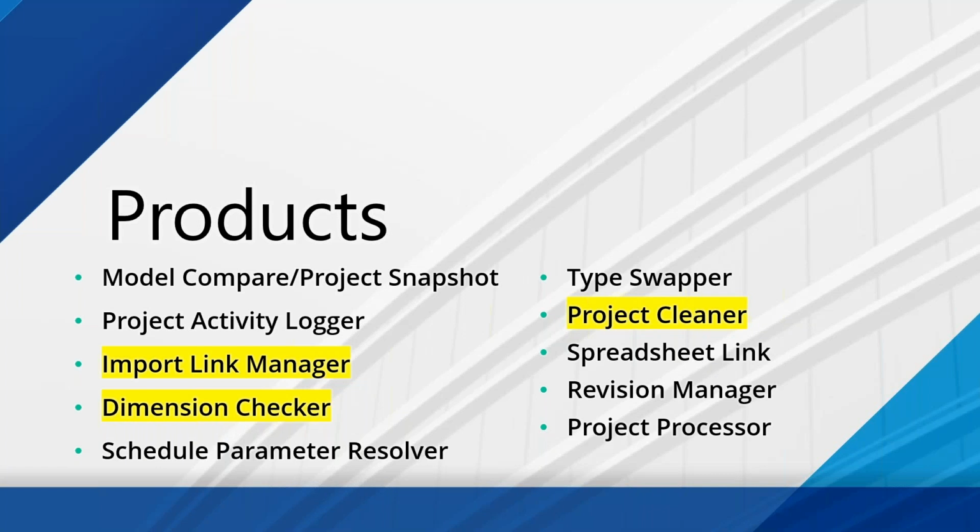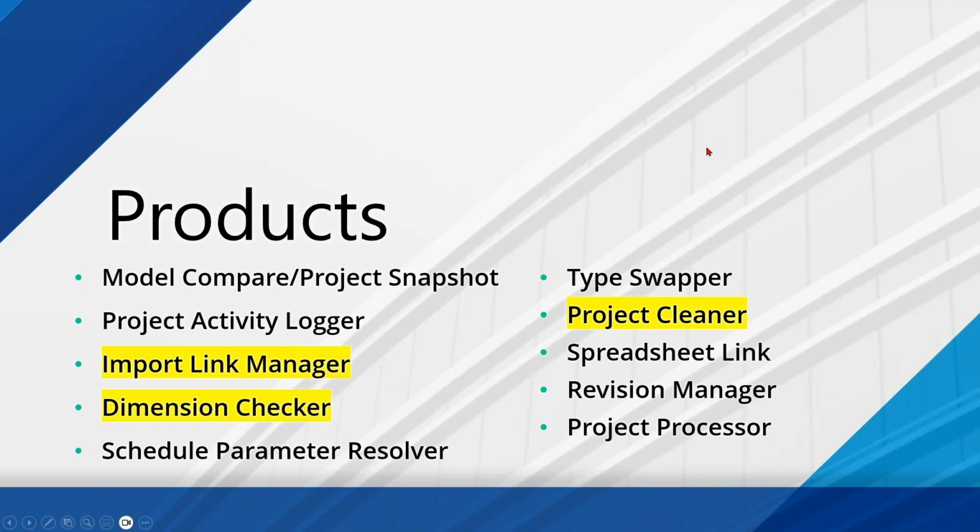This week, we're going to recap that and show you Import Link Manager, Dimension Checker, and Project Cleaner. And in the coming weeks, we're going to talk about the rest of the tools that you see here. Actually, there are a few missing from this list that we'll be covering. So we're doing a lot in the next 5 weeks.